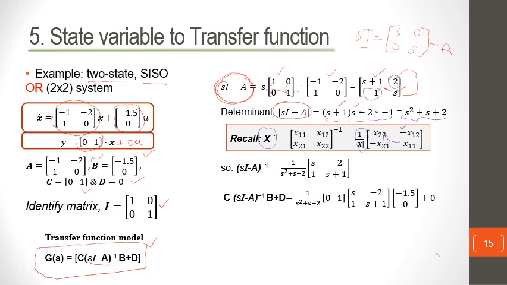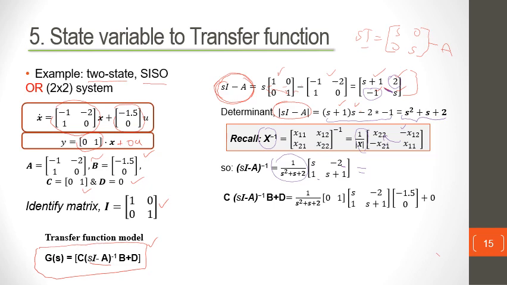So it therefore means if we take the inverse of SI minus A, this will simply be 1 over the determinant times we swap S plus 1 and S, and then we negate the remaining. And in that case, you get your inverse.